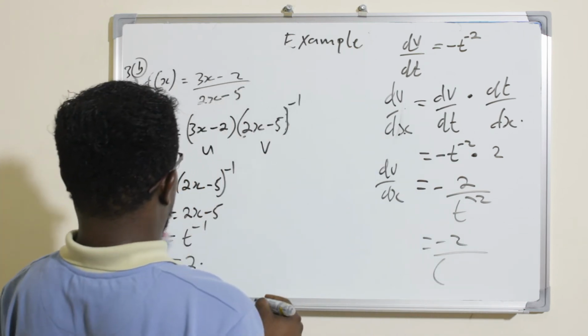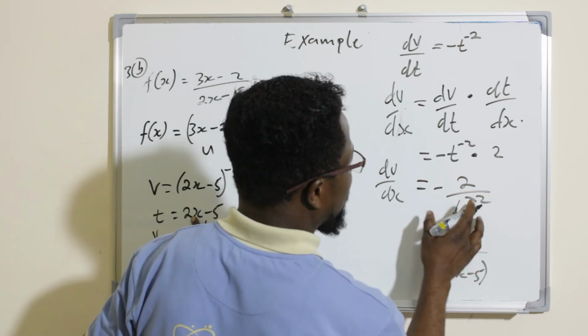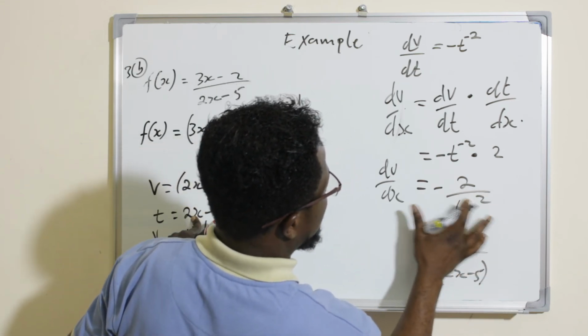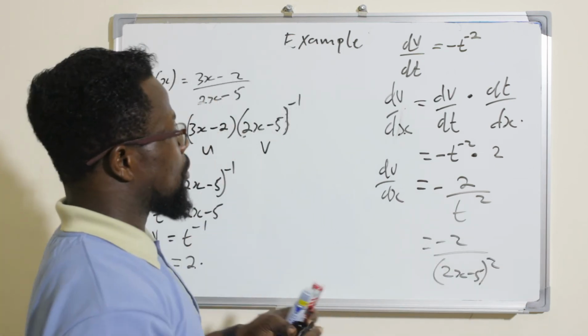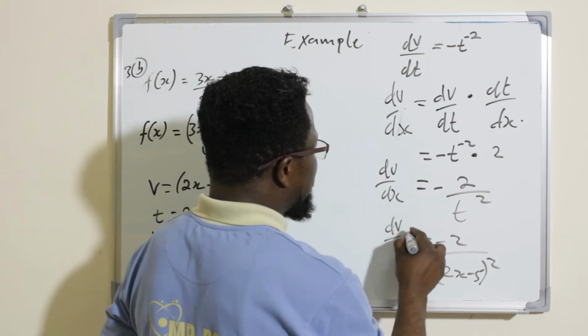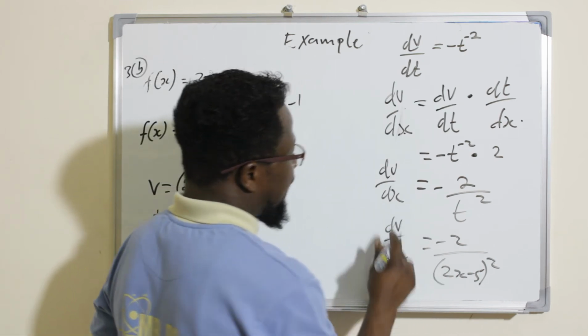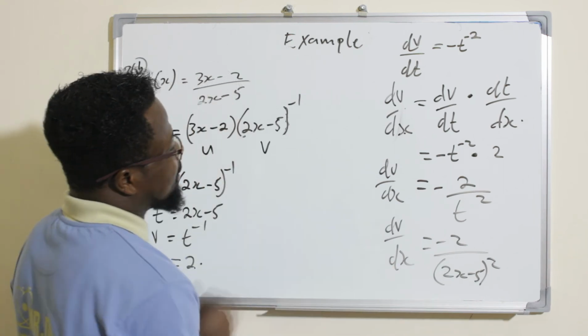T is given to us as 2x minus 5. Sorry, here this has become positive, so that is positive 2. Right. So now this is our dv dx that we have gotten from here. So I've gotten the dv dx.